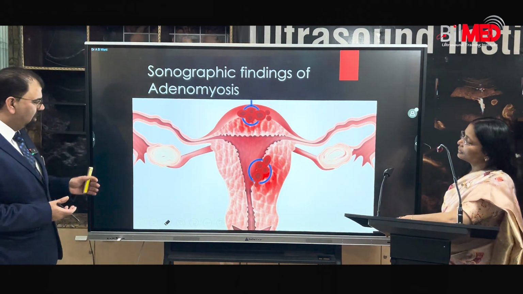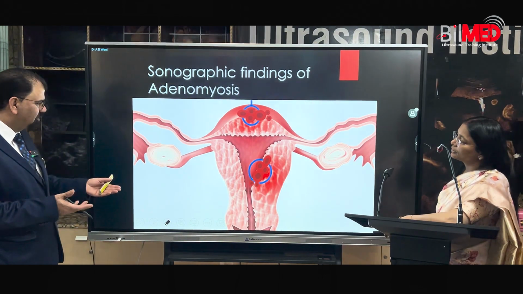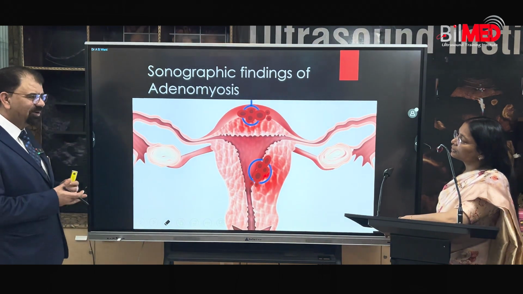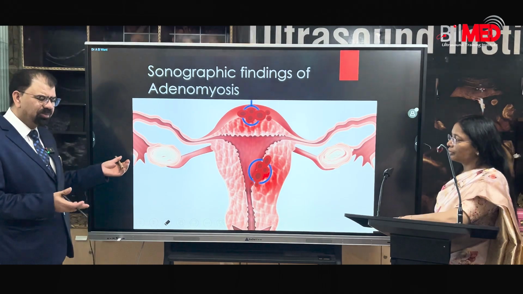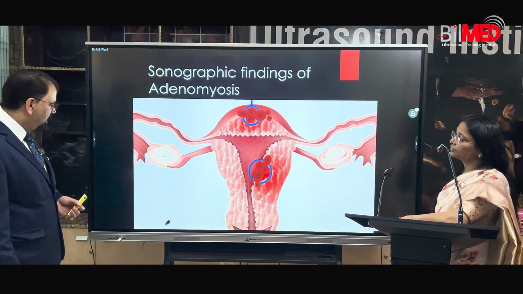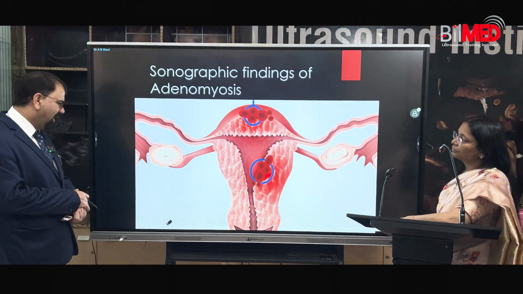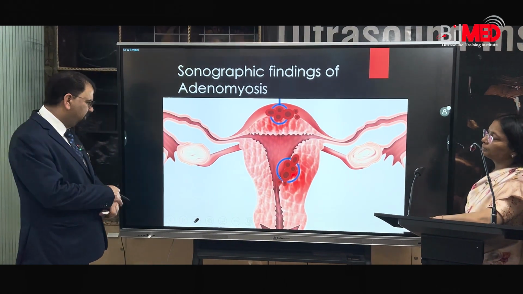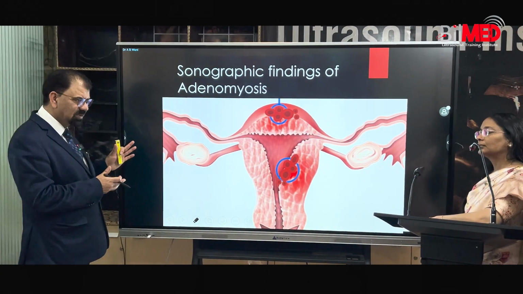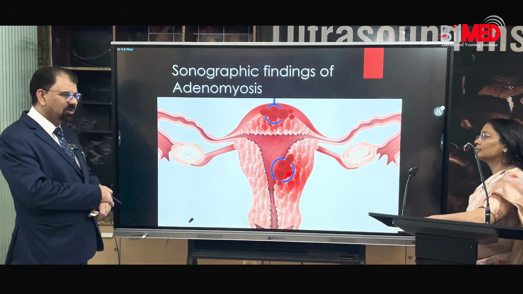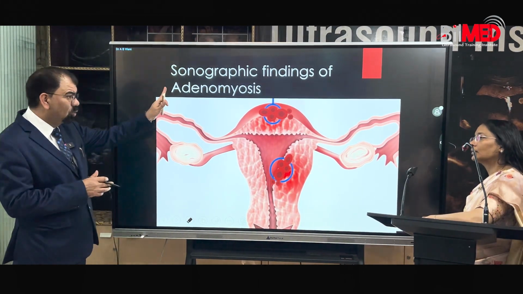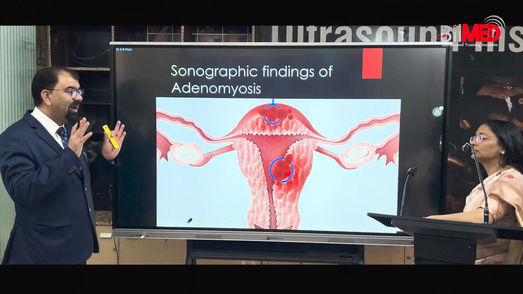Now, just now you touched on how to differentiate an adenomyotic patch from a fibroid. Very important point. Now see, I have to understand the pathology of adenomyosis first. If I know the pathology, then I can differentiate.